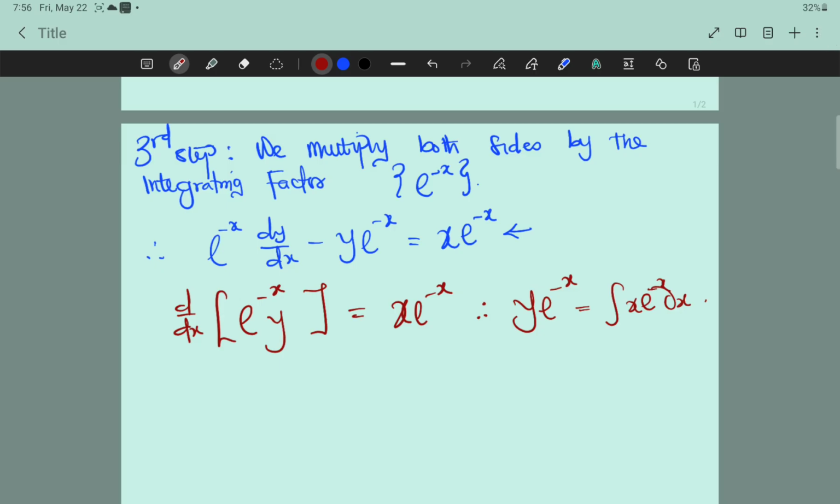So when you have multiplied by the integrating factor, you try to make sure that the right hand side integral can now be determined.